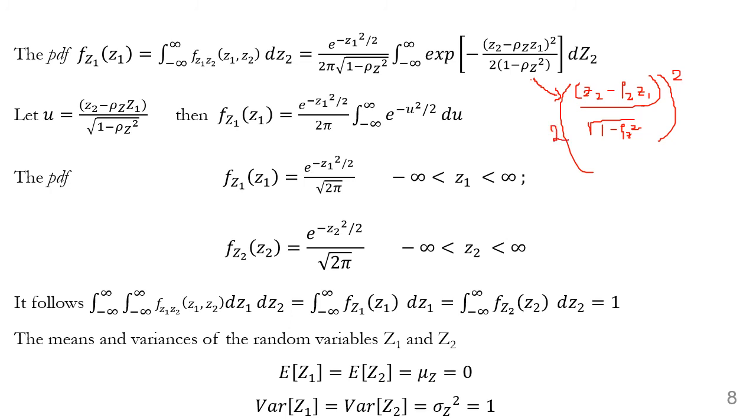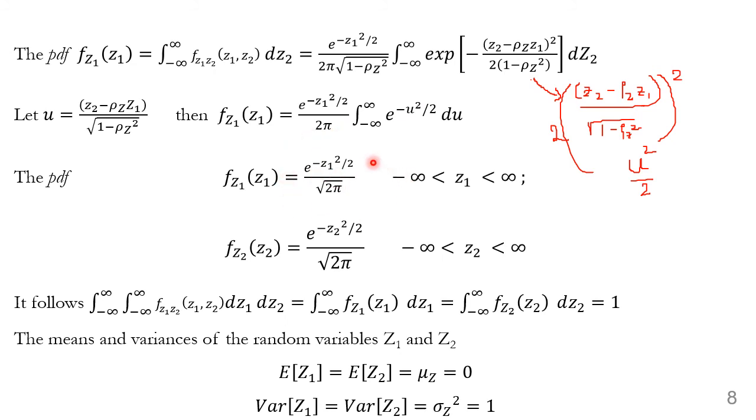The inside value can be substituted as u, so it is u square by 2. So by making this, we get the equation as e to the power minus z1 square by 2 divided by 2 pi, integral of minus infinity to infinity e to the power minus u square by 2 du. We have seen the solution of this equation. This turns out to be root 2 pi. So root 2 pi divided by 2 pi.